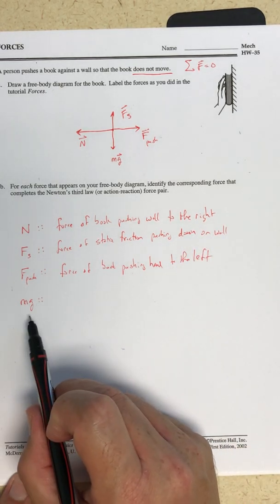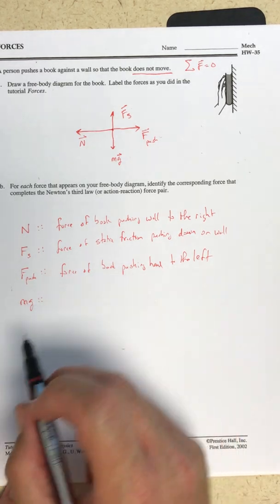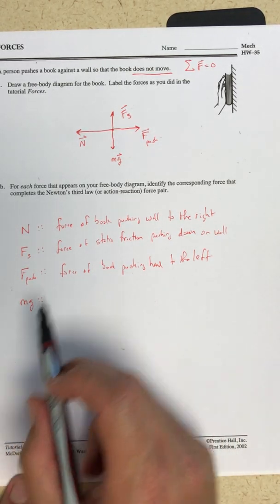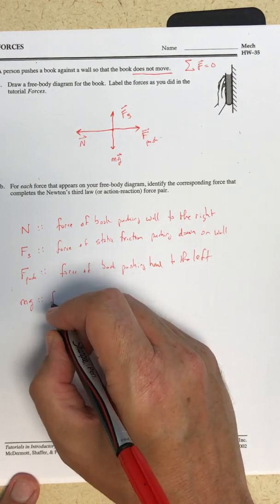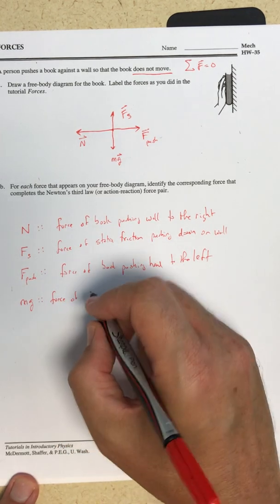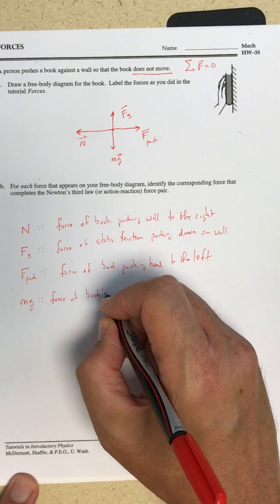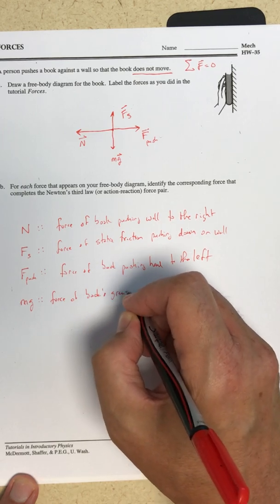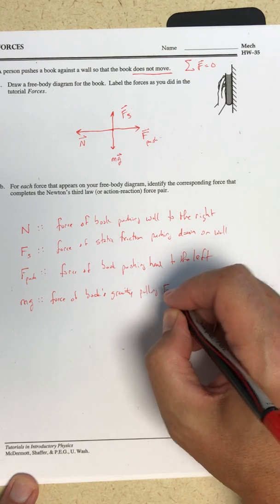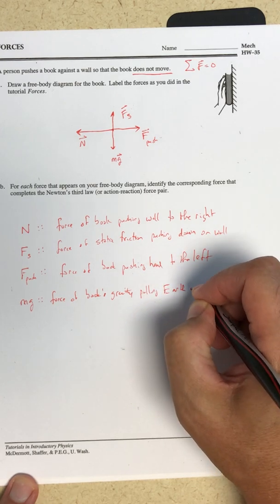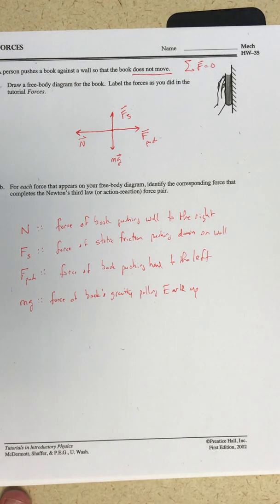All right, and equal and opposite to the weight of the book. So the weight of the book is the force of Earth's gravity pulling the book down. That's going to be equal and opposite to the force of the book's gravity pulling Earth up. There we go.